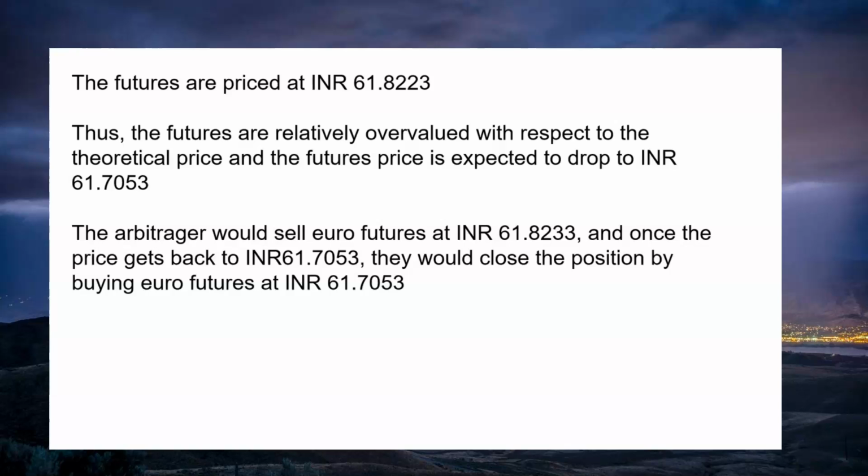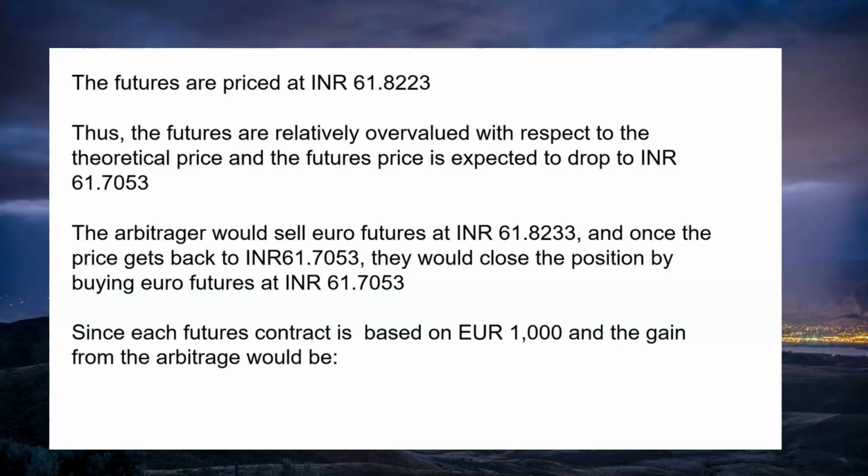So, the arbitrager would sell euro futures at rupees 61.8233, and once the price gets back to rupees 61.7053, they would close the position by buying euro futures at rupees 61.7053.